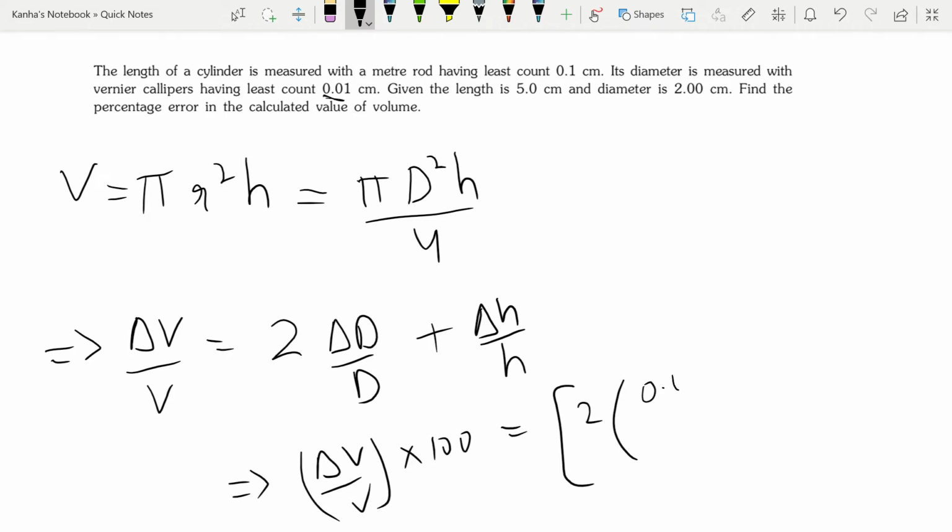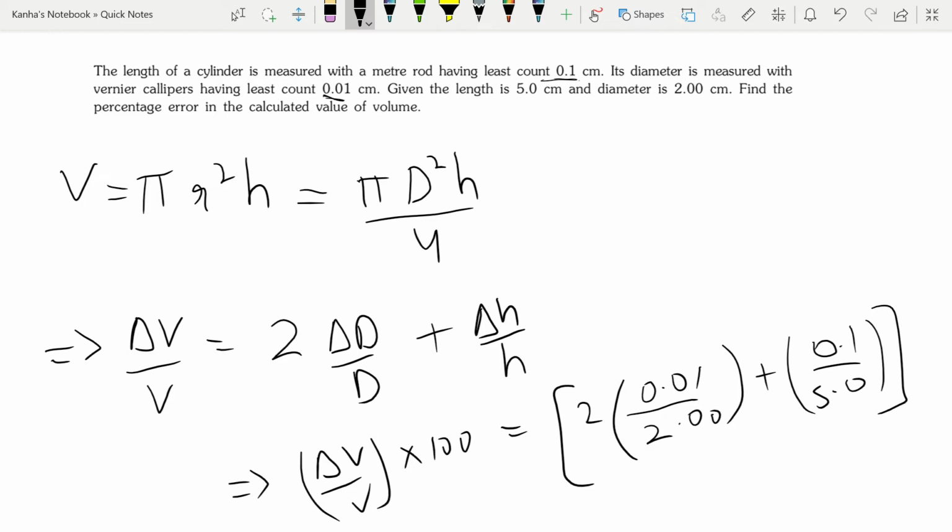Okay, so it's 0.01 divided by 2, plus, my height is measured with the least count of 0.1 centimeter. So my 0.1 is my delta H. Okay, into 100. I just multiply this by 100. So what you get is 3%.